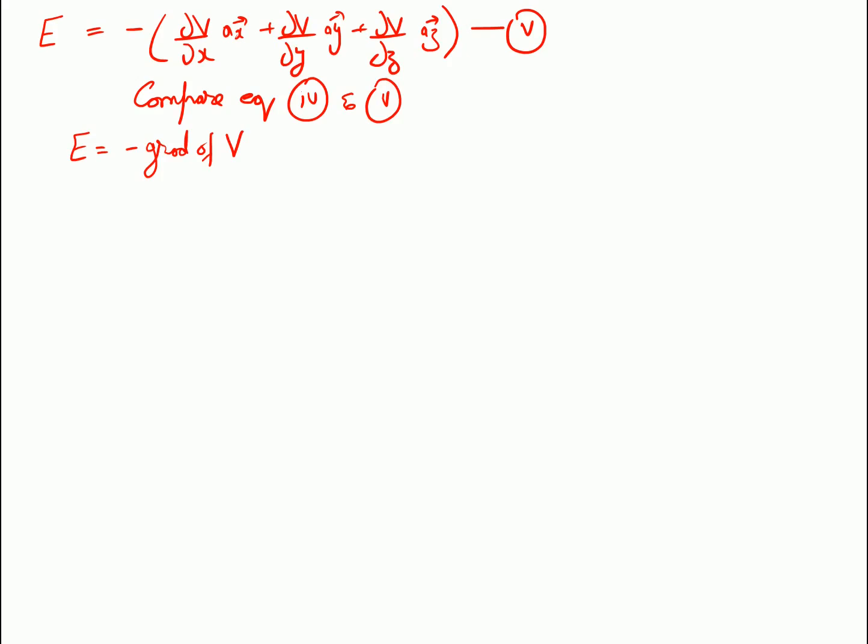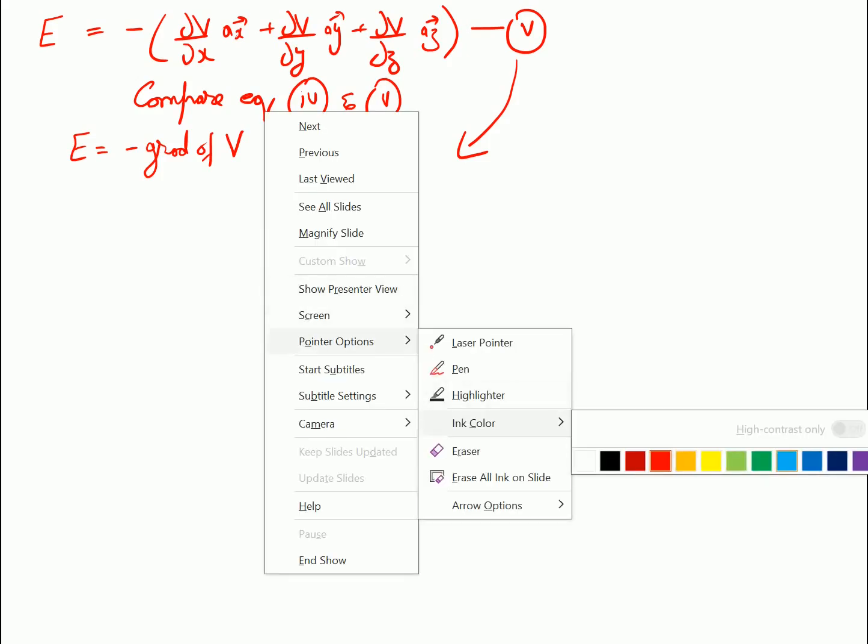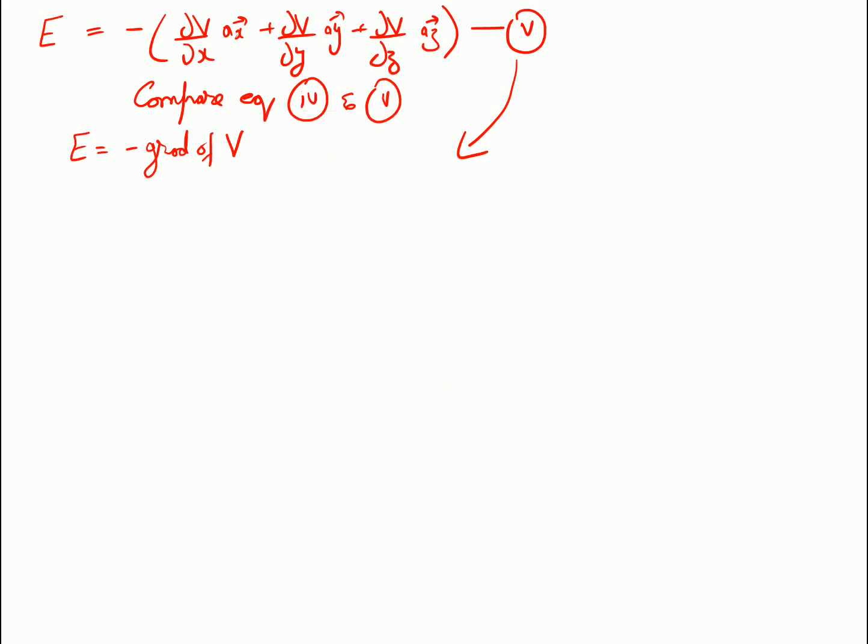Let us look into equation number 5, there is something that we can extract from it, and that is this thing. If we focus on the partial of x along A of X excluding the potential V, the partial of y along A of Y, and the partial along A of Z.